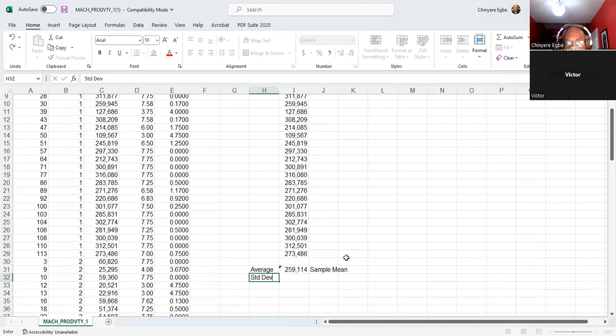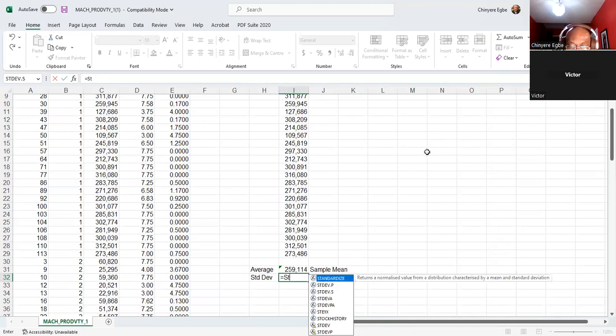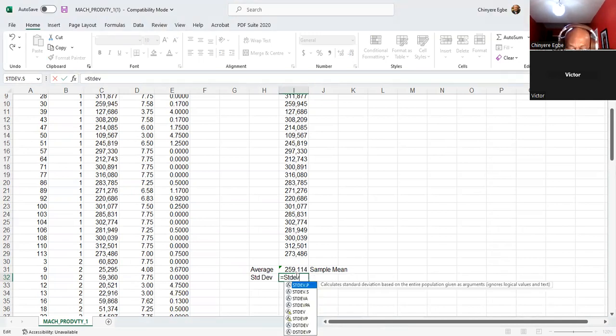The sample standard deviation. And again, I'm going to say equals stdev s. I'm going to take the same data.